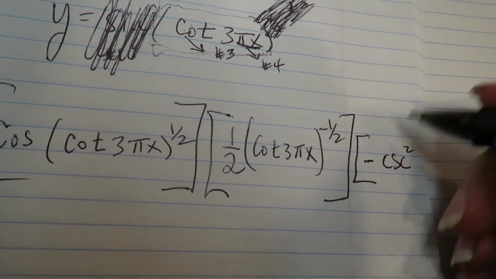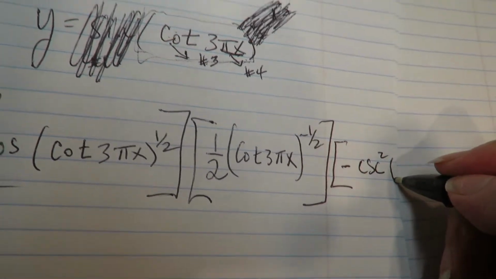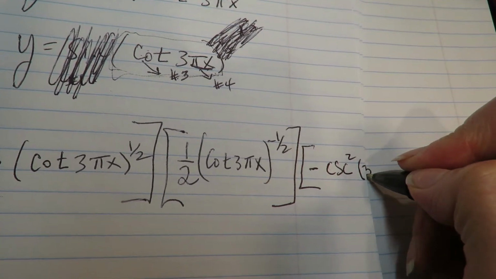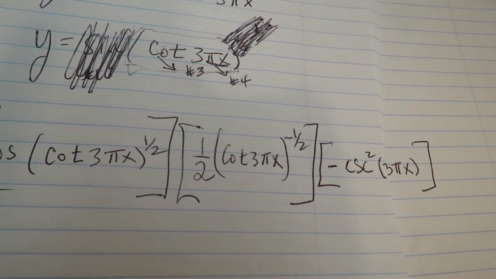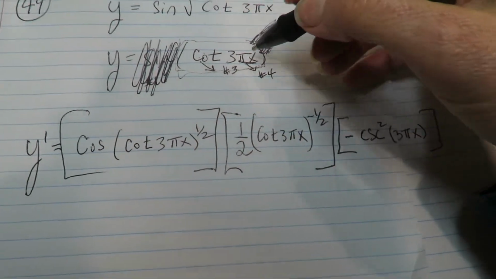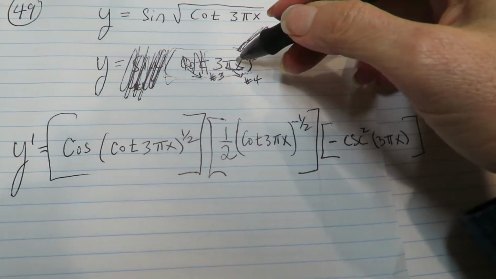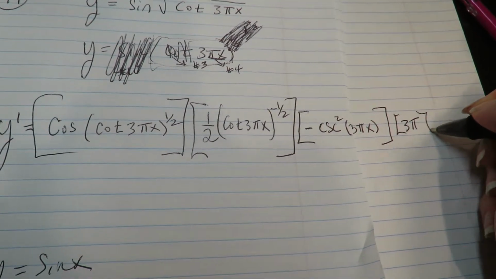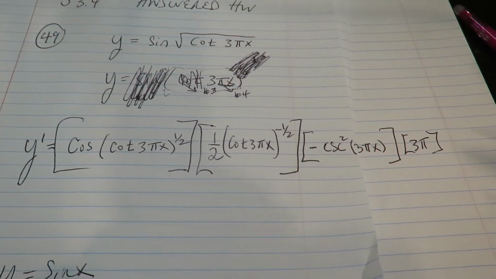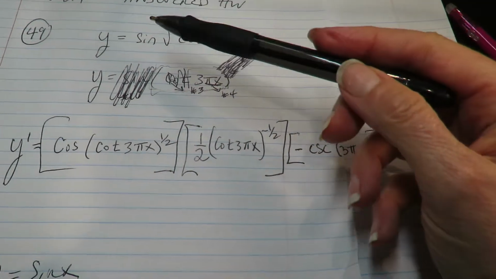Bear with me here. I'll write it better the next time. So 3 pi x. That is the 3rd layer. And then so this guy's now gone, and now the layer, this is 3 pi. So this is 4 layers.